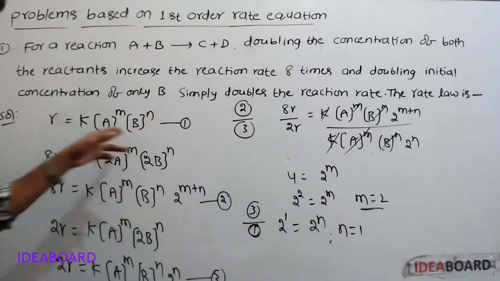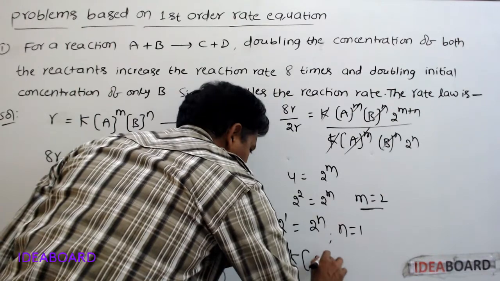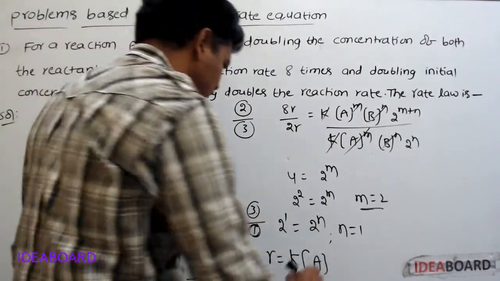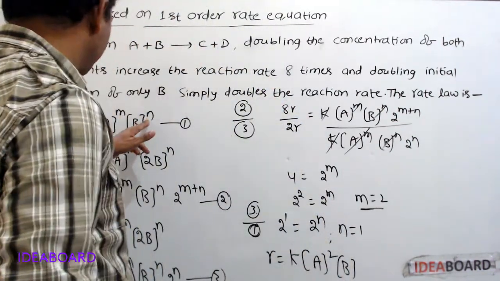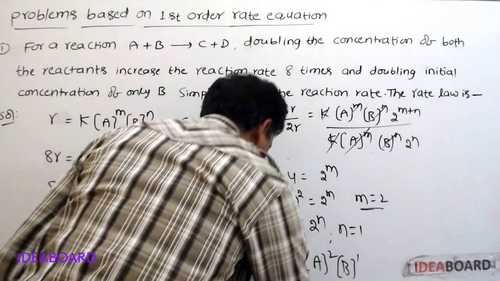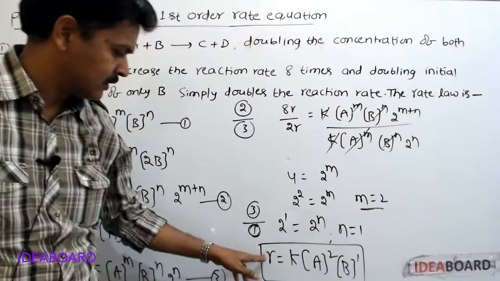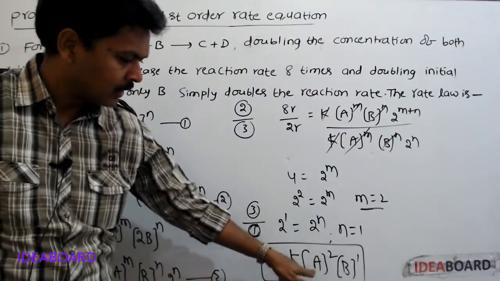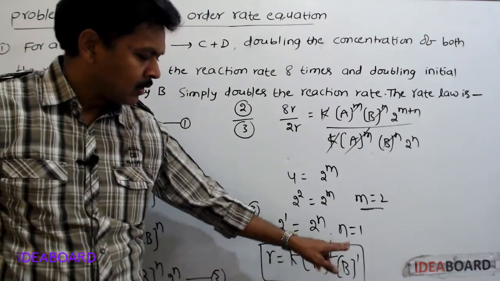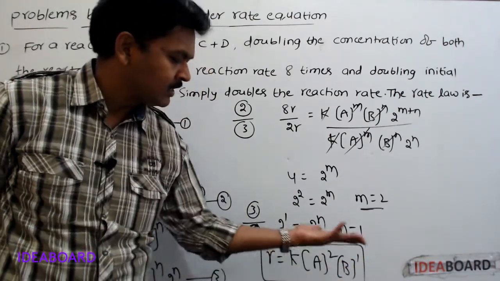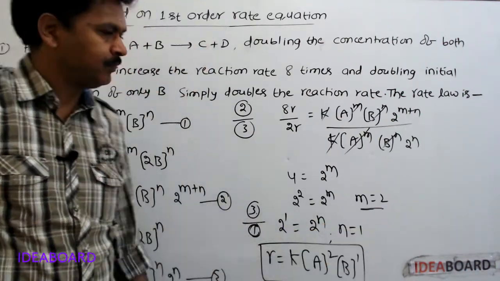Then this is the rate equation: rate is equal to K into A concentration power 2, into B concentration power 1. Here order with respect to A is 2, order with respect to B is 1, overall order of reaction is 3. Like this we can determine rate law and order of reaction.